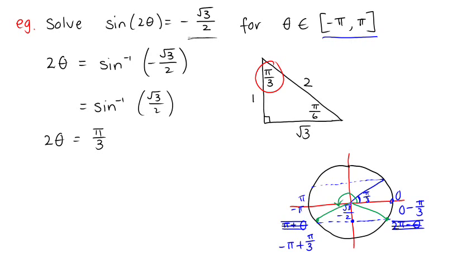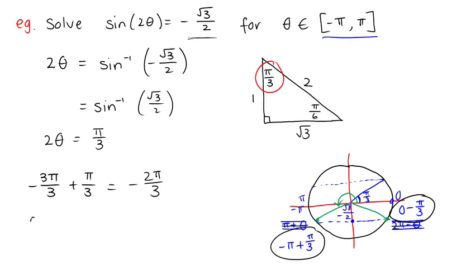Right, so let's just deal with these. We're going to find those two angles. That's negative 3 pi on 3 plus pi on 3.